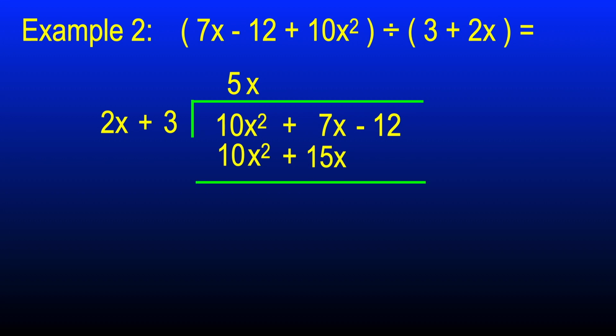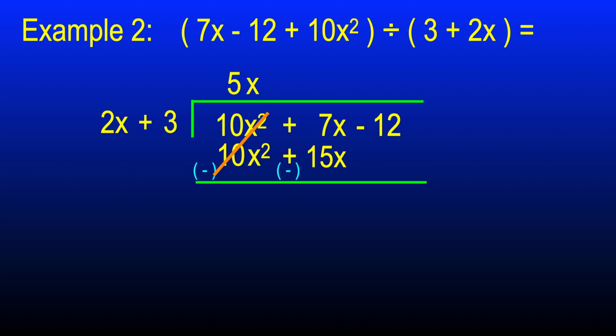Subtract. Change the sign of the subtrahend to opposite. Yung positive magiging negative. Ayan. And then, simplify. So, 10x squared minus 10x squared is 0. So, i-cancel na lang natin. Then, positive 7x plus negative 15x. Pwedeng kumanta sa isip. Different signs, subtract.